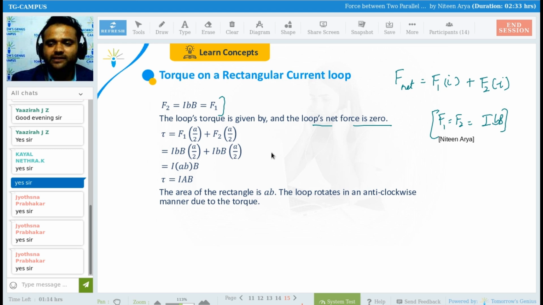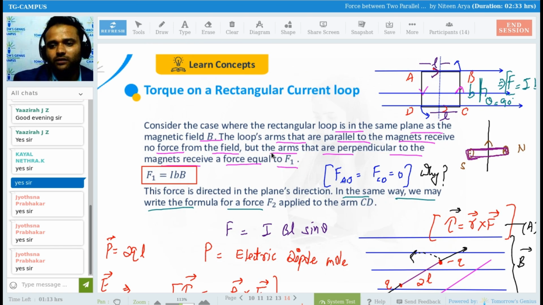One is in the positive x direction, one is in the negative x direction. So F net is 0. But torque tau equals F1 a by 2 plus F2 a by 2, and a by 2 plus a by 2 gives me a. What is the meaning of this a by 2?